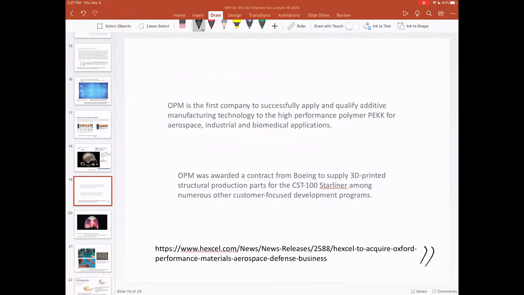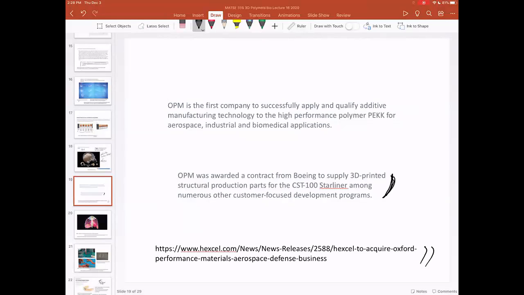But you see that OPM has really started to get into supplying components for various technologies. So PEEK, or PEKK, whichever variation of PEEK you're interested in, is useful in both biomedical and aerospace, and there are two markets where the barrier to entry for additive manufacturing is reasonable.